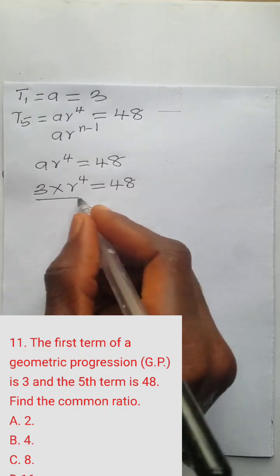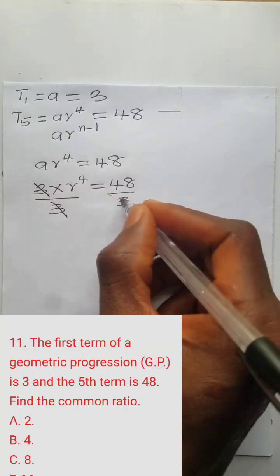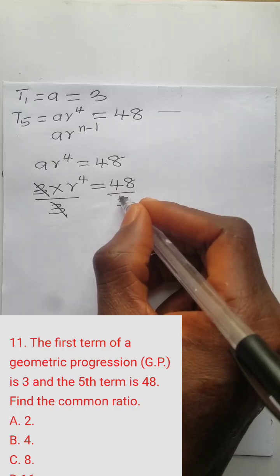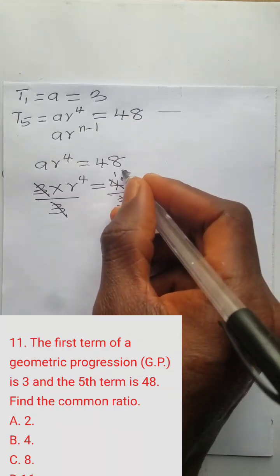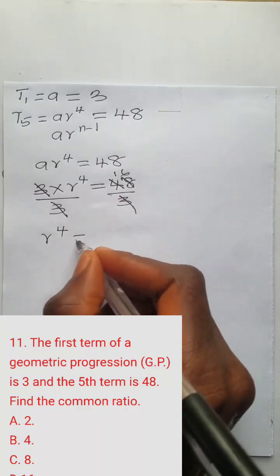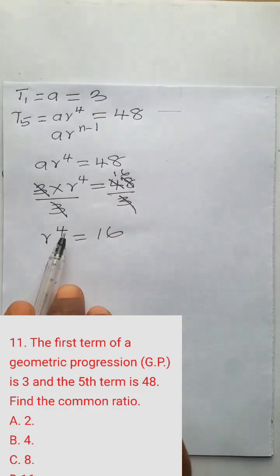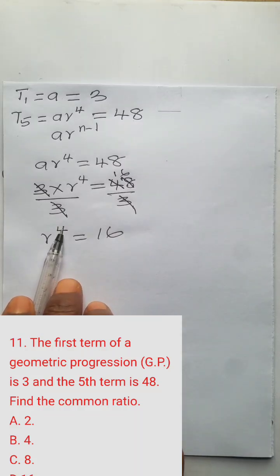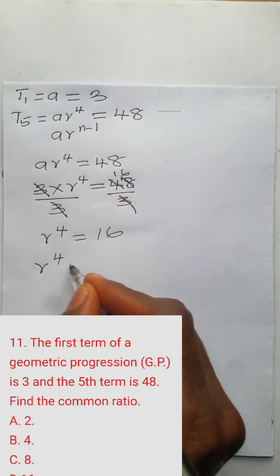So we divide both sides by 3, and this 3 will cancel here, and 3 goes into 48 is 16. So R to power 4 is equal to 16. Now the next thing is to remove this 4 here. There are many ways to do it, but let's start with this way.